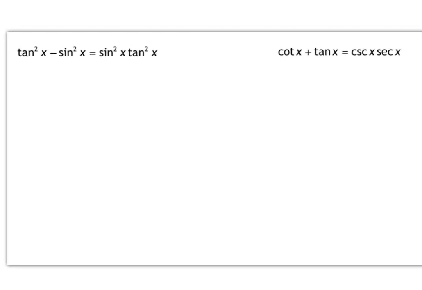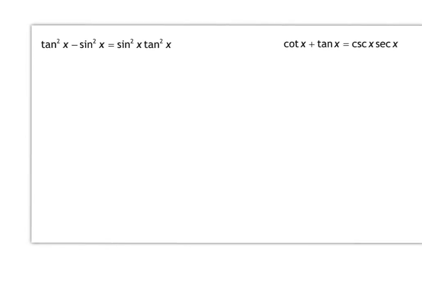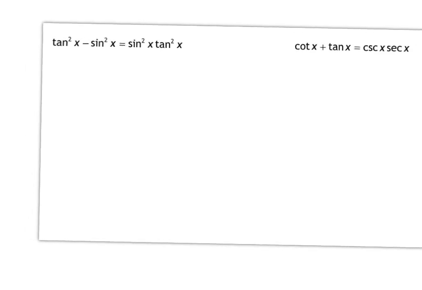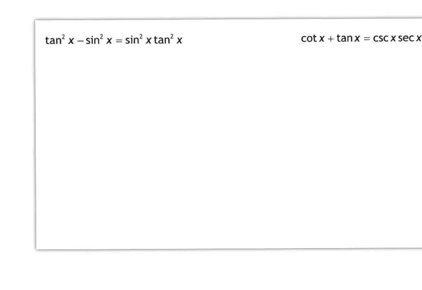All right. Looking at the first one on this page, I've got tangent squared of x minus sine squared of x. I don't really have any way to combine those, so let's see what I can do. Well, I know that tangent I could rewrite as sine over cosine, so maybe write this as sine squared x over cosine squared x minus sine squared x. Now I could do a common denominator.